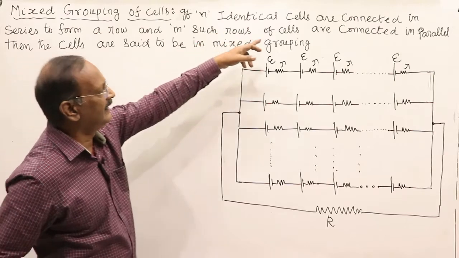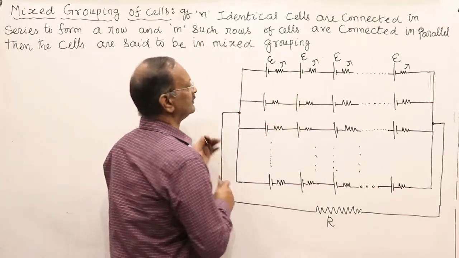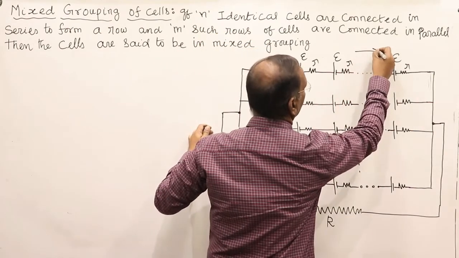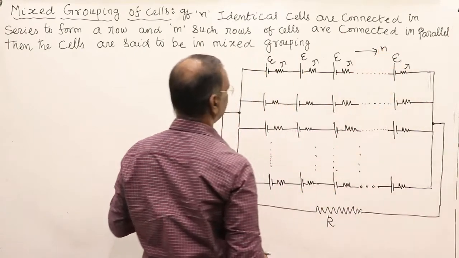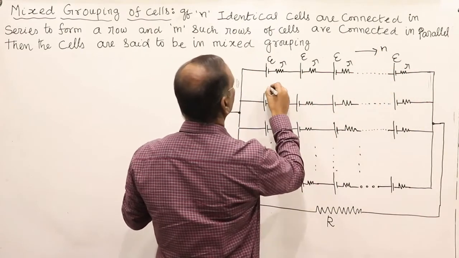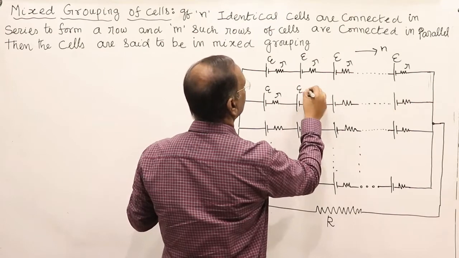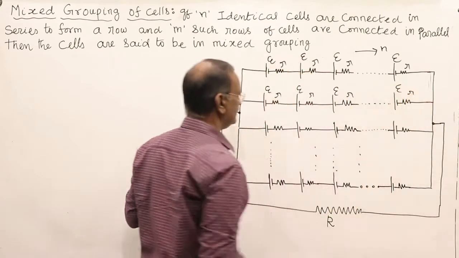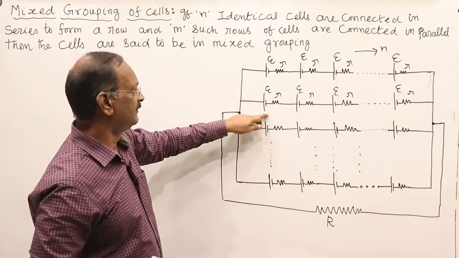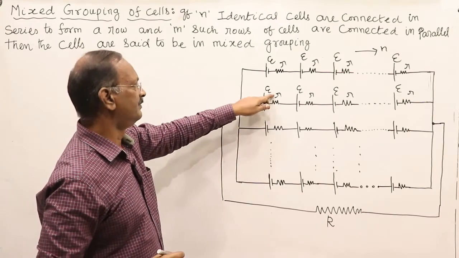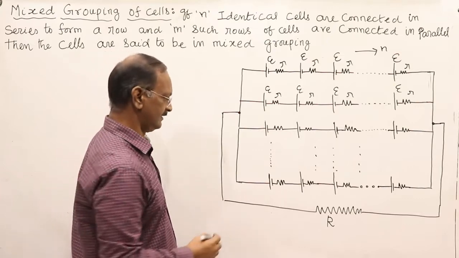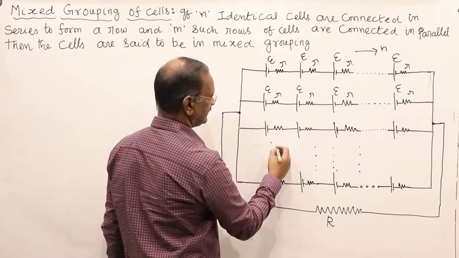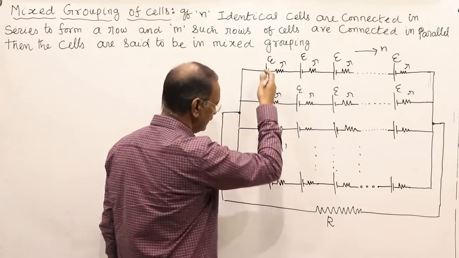We have n identical cells, each having EMF epsilon and internal resistance r, and we will have such m rows.